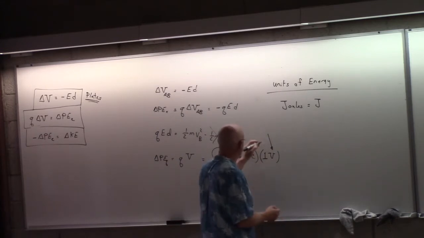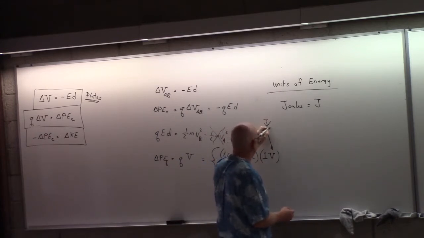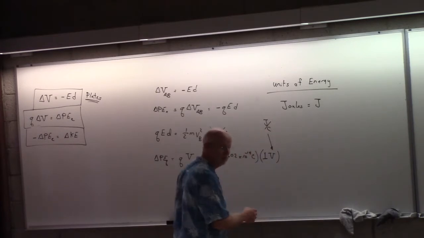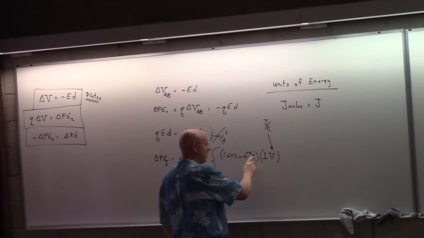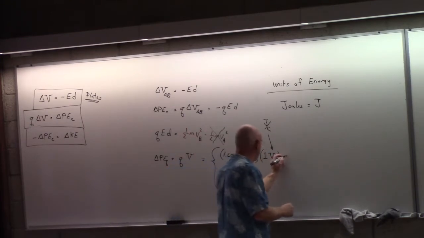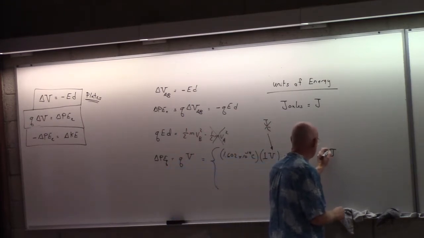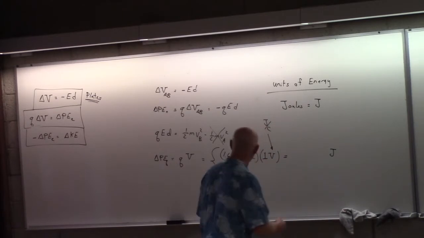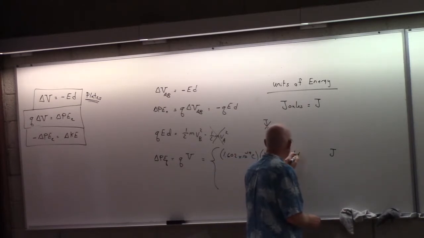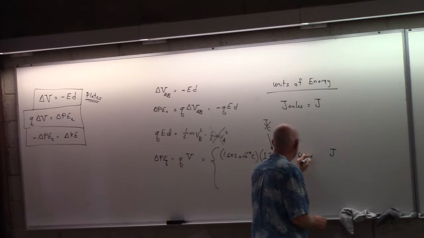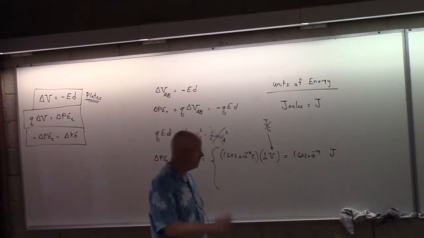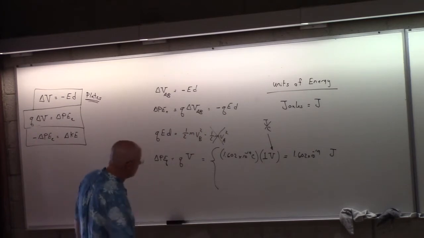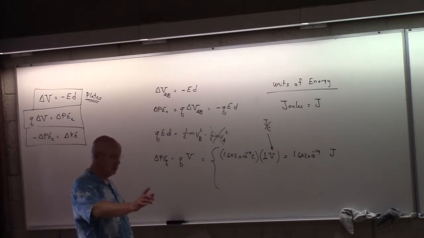Now remember a little earlier, a volt is a joule per coulomb. So if you take a joule per coulomb and you multiply it by a coulomb, the coulomb's going to cancel off, and you're going to get units of joules. Okay. So 1 electron moving across these plates that are 1 volt would be this much energy in joules.